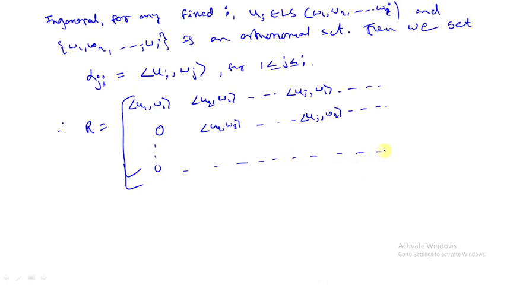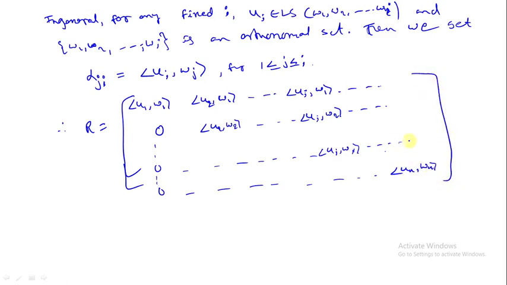The last one is the inner product of Un with Wn.